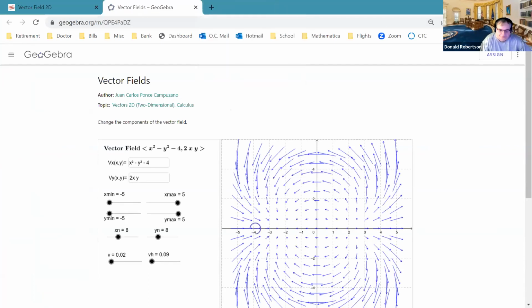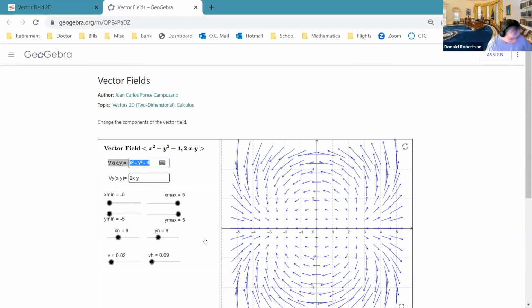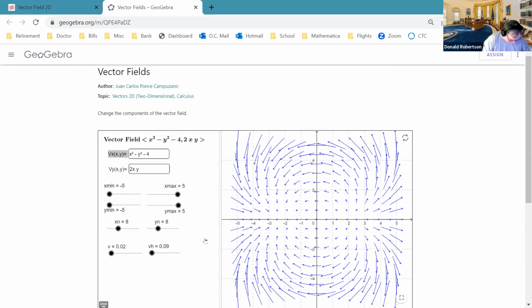Okay, I should be able to do this. The first component, that's basically the x component, is going to be equal to y over the square root. So let's see if I can do it in this one.